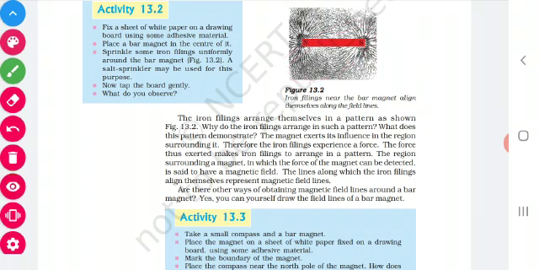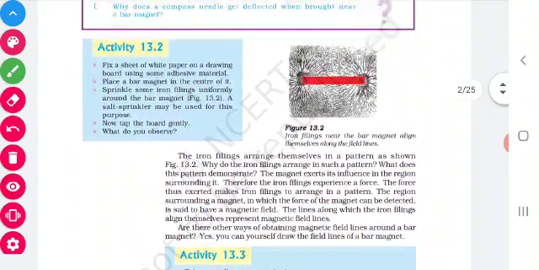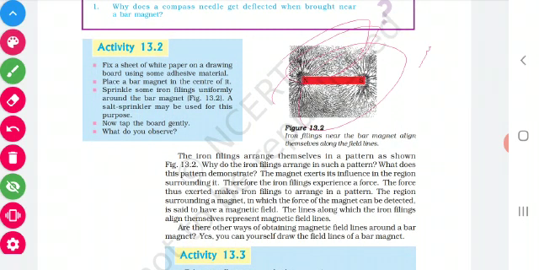After some time you can see it like this.